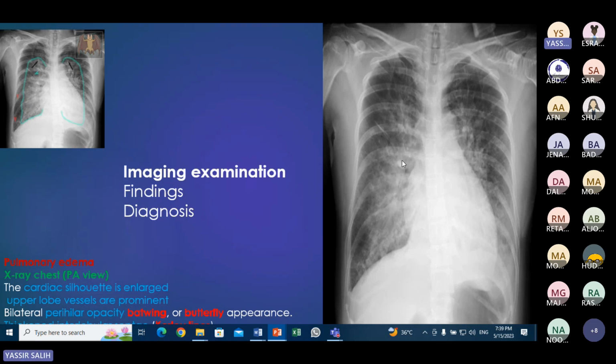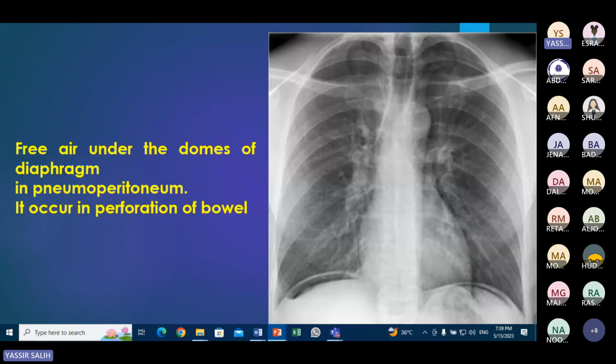Okay, the perihilar region, is it normal? Butterfly shape. There is a butterfly opacity or bat wing. This area became white; we call it perihilar, not the hilum. It means central, not peripheral. This area became opaque. You can look at any chest X-ray; the perihilar region is not opaque like this.